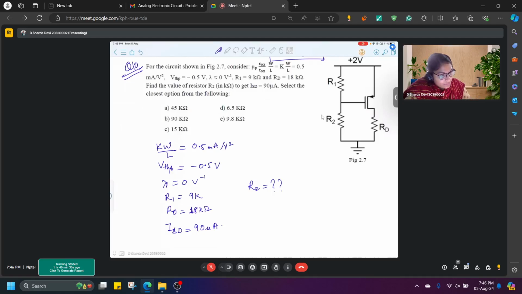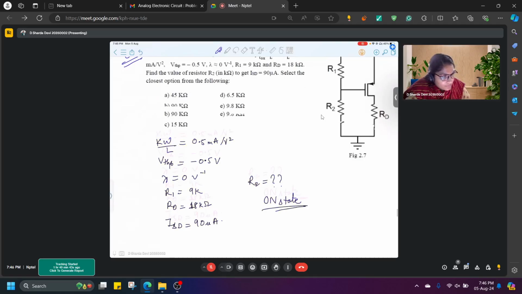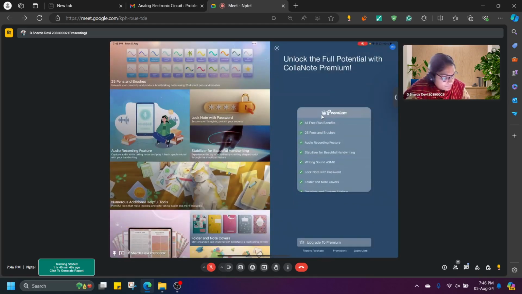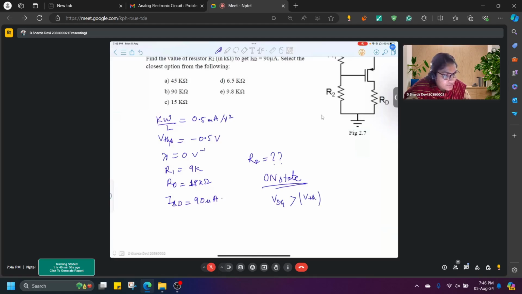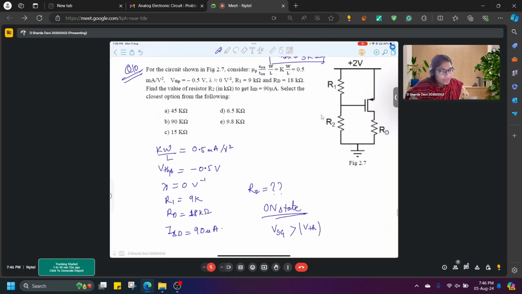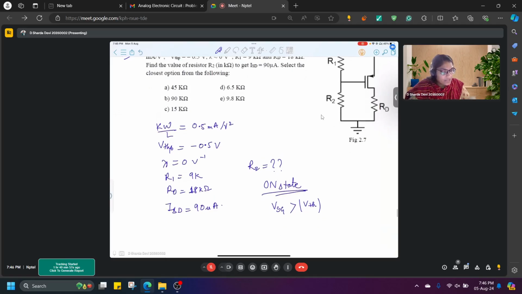First of all, here we know for on state, VSG should be greater than mod of VTH, correct? So VSG should be greater than mod of VTH.